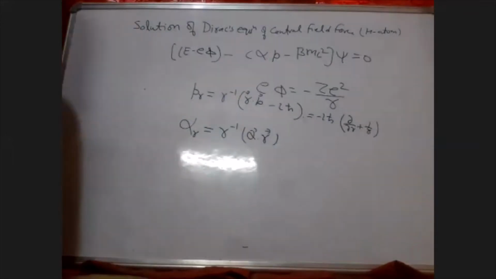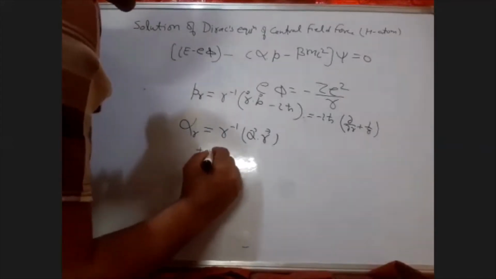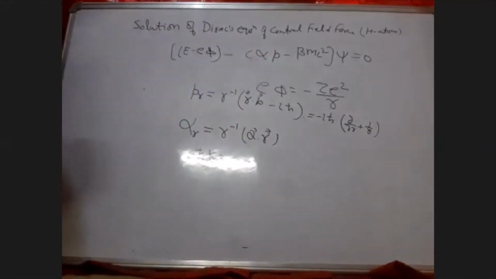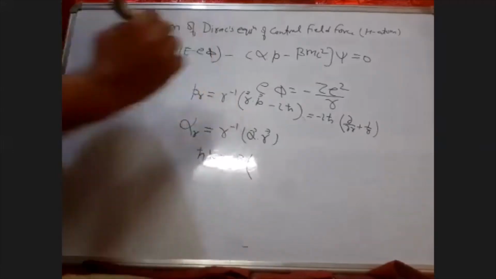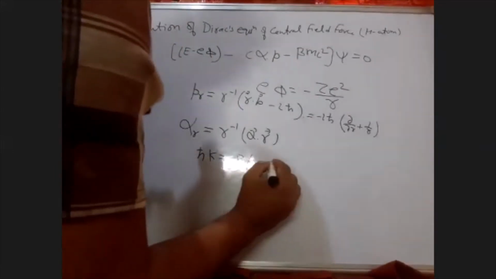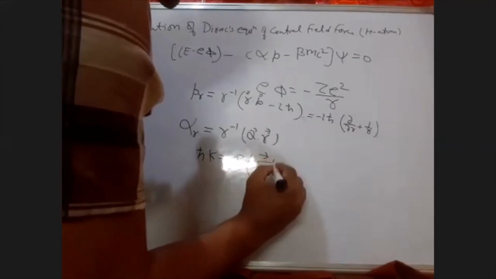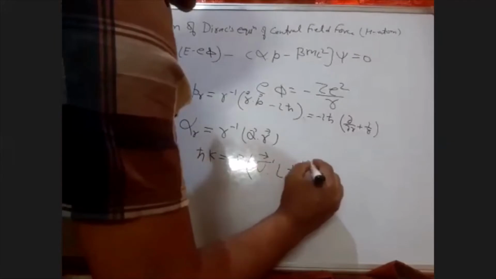Now we have defined one more operator K such that h cross K is equal to beta sigma dash dot L plus h cross.